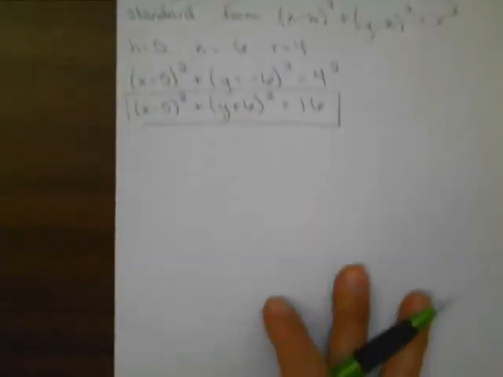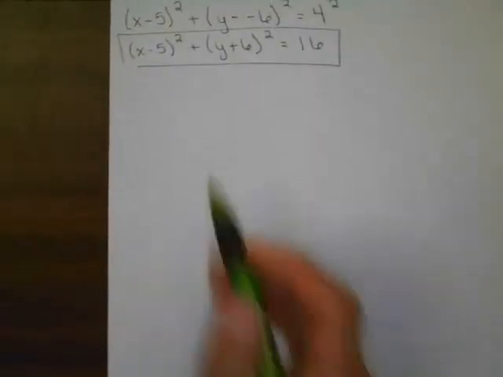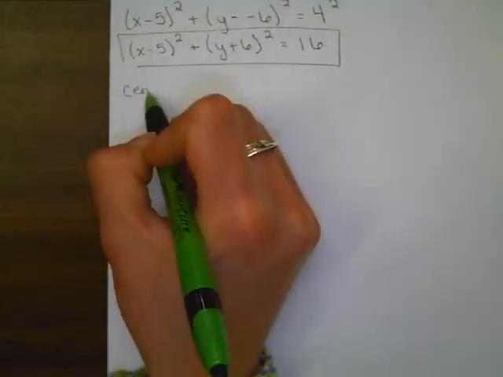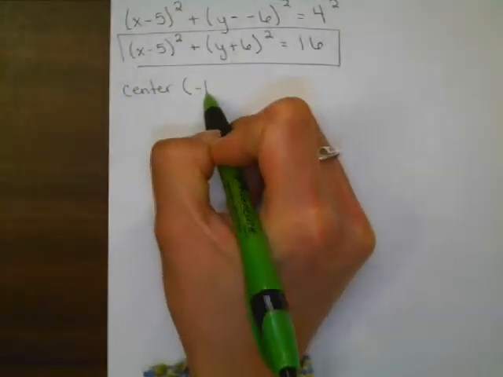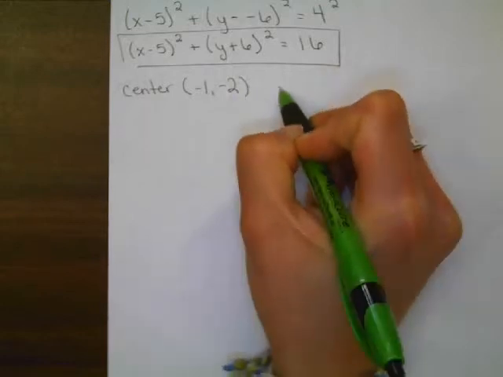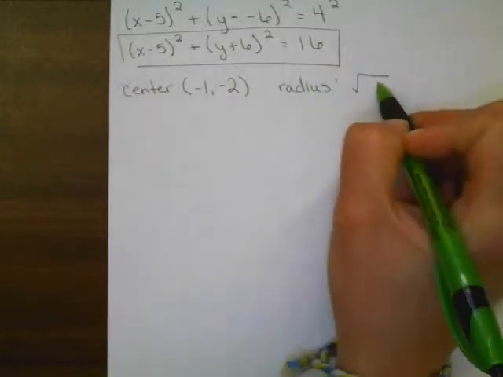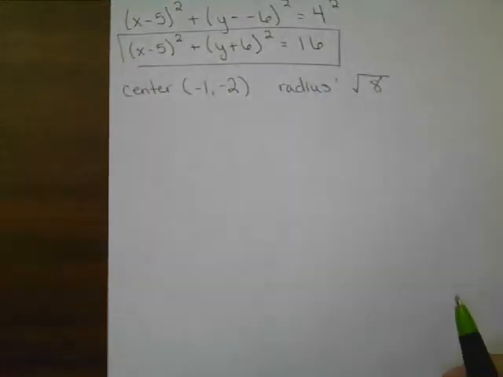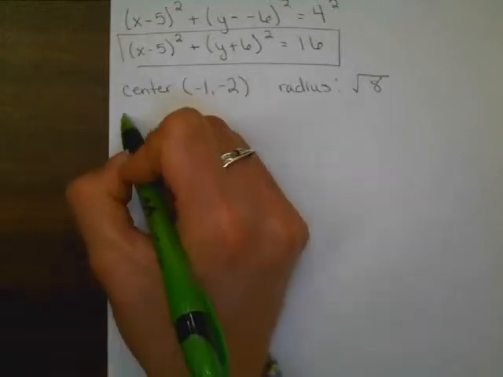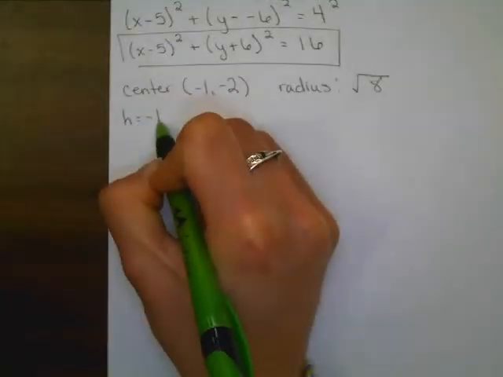Let's do another one. Let's say our center is (-1, -2), but this time our radius is radical 8. Again, I'm just going to plug in that same format, which is x minus h. H is -1.